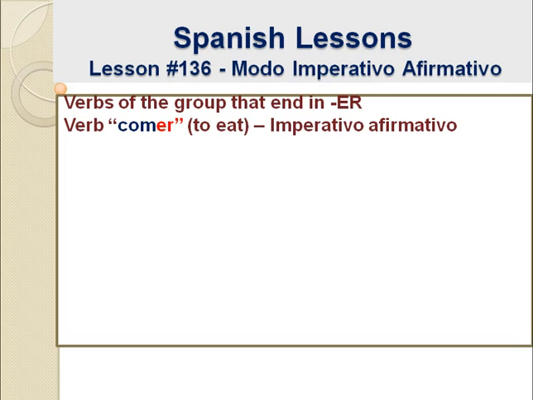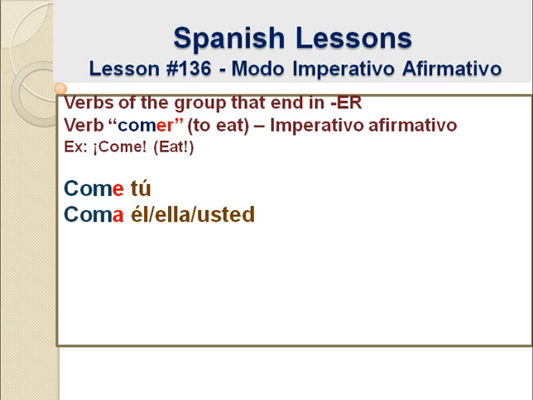Example, verb comer. Comer is to eat, and this is a regular verb of the second group. Example, come, eat. Come tú, you eat. Coma él, or coma ella, or coma usted, giving a command.